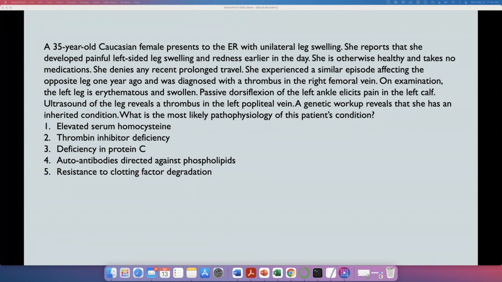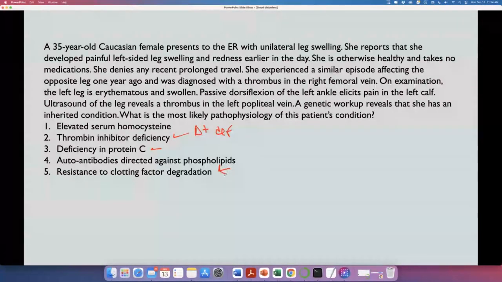Inherited condition, first of all, what are inherited conditions here? Antithrombin deficiency, protein C deficiency.